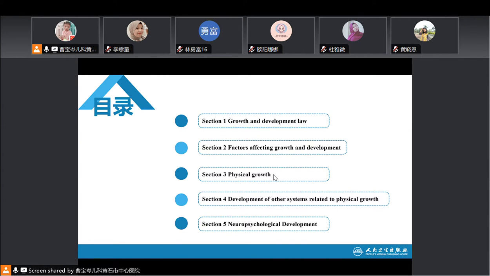We will go through seven parts. One, the growth and development law. Two, factors affecting growth and development. Three, physical growth. Four, development of other systems related to physical growth. Five, neurophysiological development.